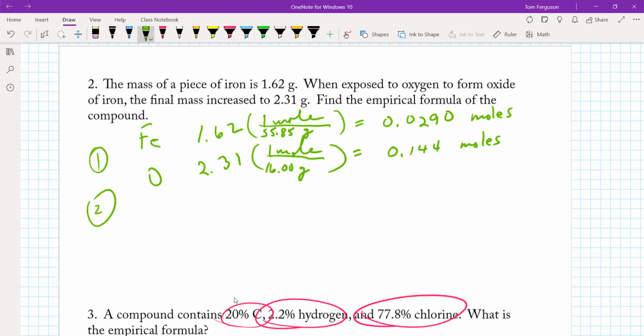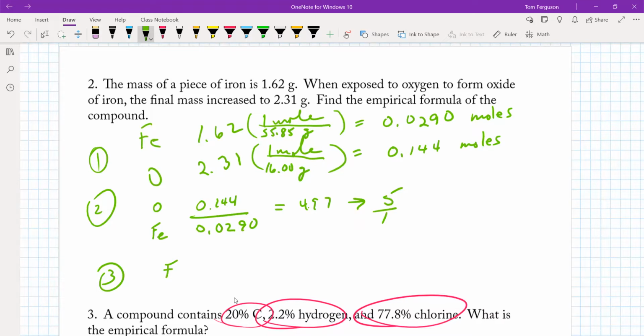So that's step one. So it's 5 to 1. So that means we have 1, oxygen is 5, or that.